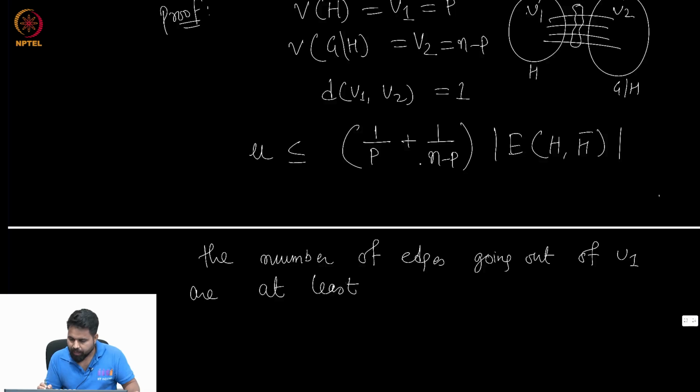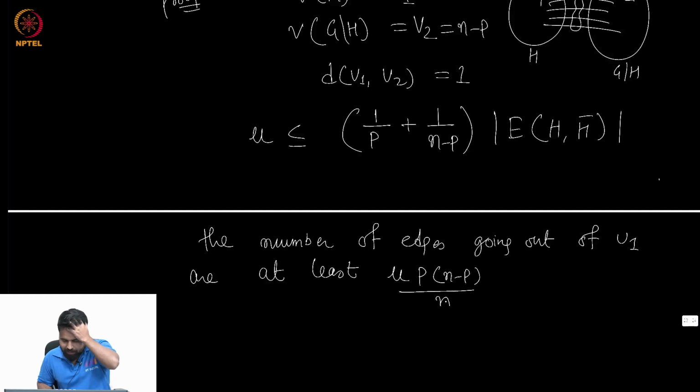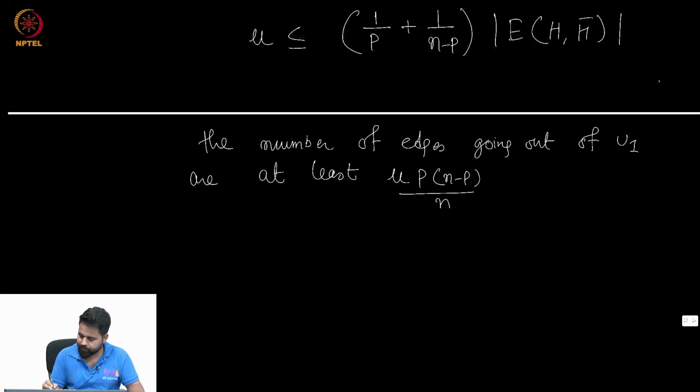The denominator will be p into n minus p, and the numerator is n, so transferring to the left side, mu times p into n minus p divided by n. So at least this many edges go from H to its complement.